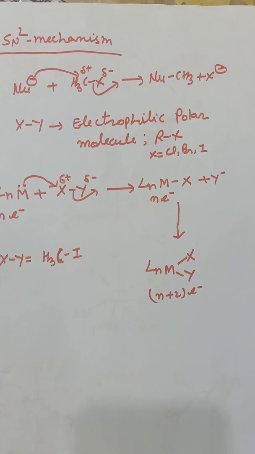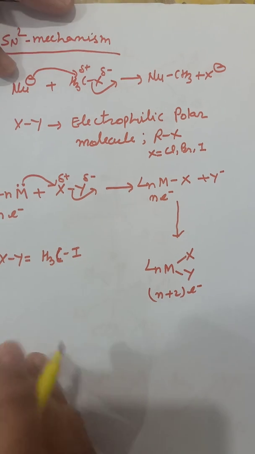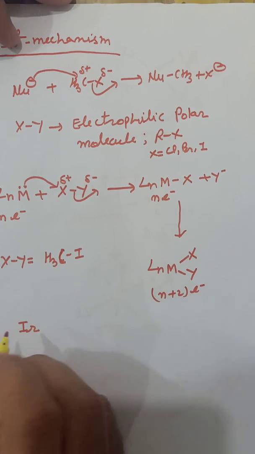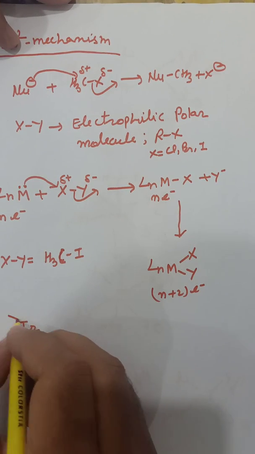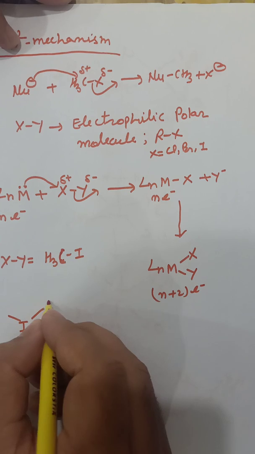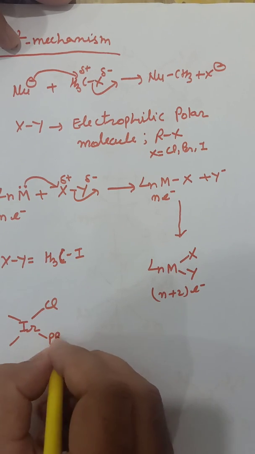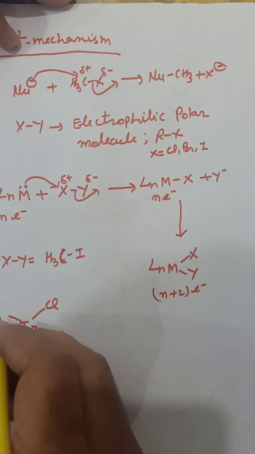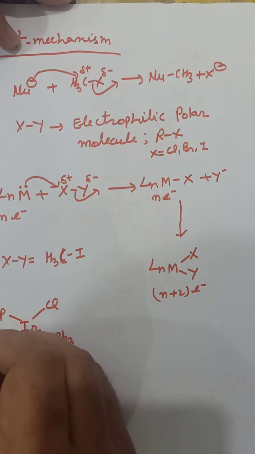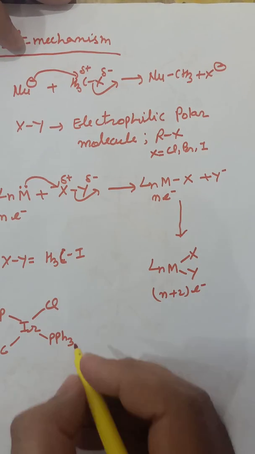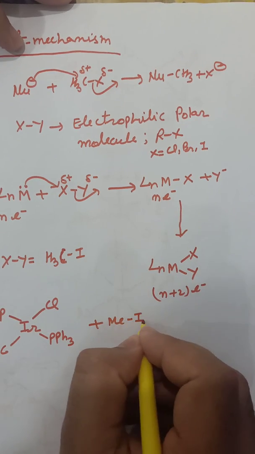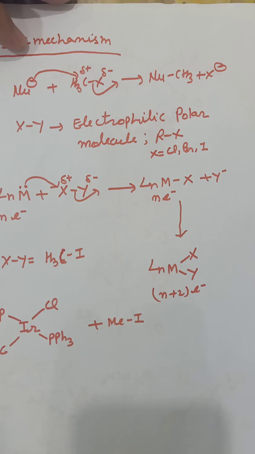Now I will explain this by taking a real example. Again taking a Vaska complex, with Cl, PPh3, CO, PPh3, and let's say I am treating it with methyl iodide.